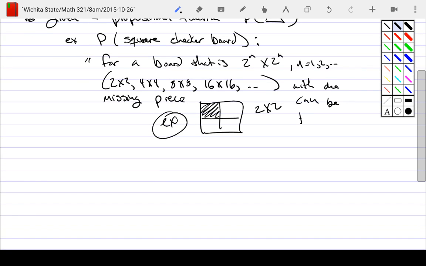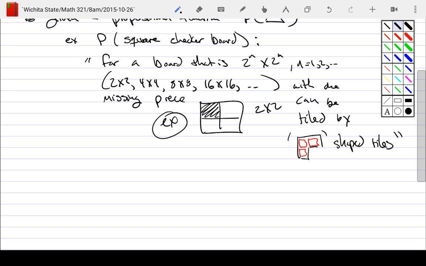Can be tiled by L-shaped pieces. Seems awkward, but this is a propositional function.